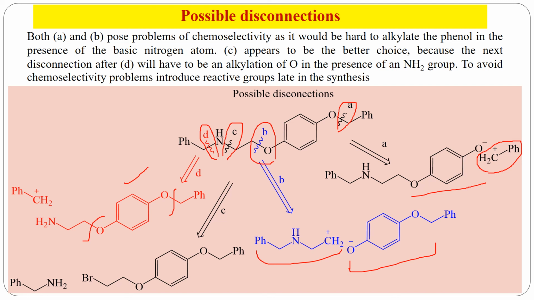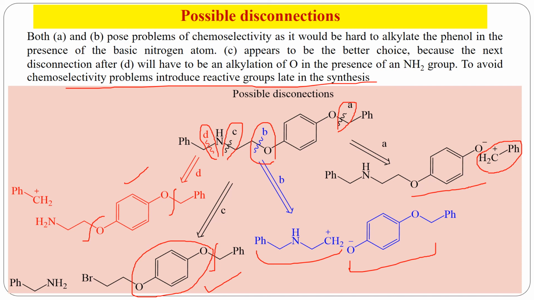To avoid the chemoselectivity problems, introduce the reactive groups late in the synthesis. So as C is a better choice, but the question is that again we have to disconnect this one, but this is feasible as we have to alkylate only the phenolic components, that are present at the 1,4 position.